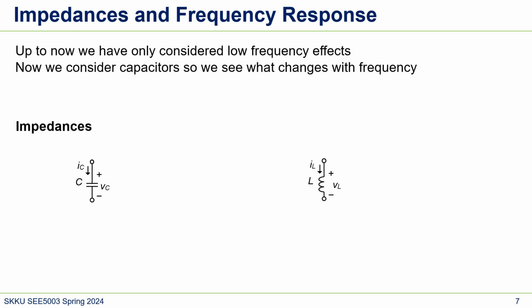Here are two components that are dependent on frequency. The first one is the capacitor, and the second one is the inductor. In our lecture, we mostly focus on the capacitor.